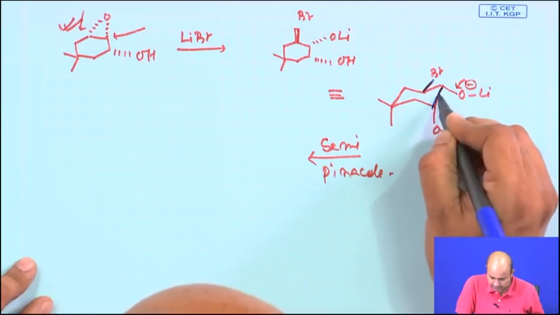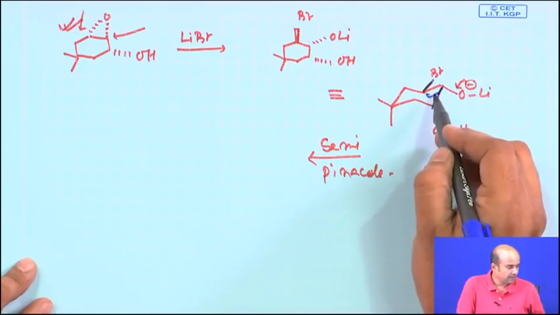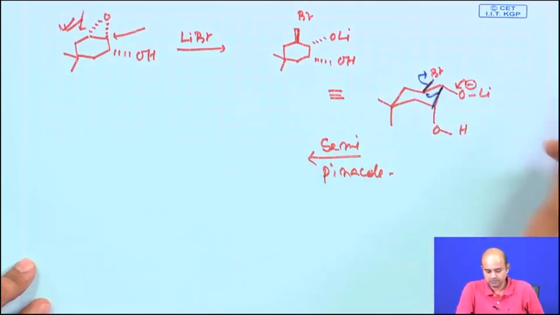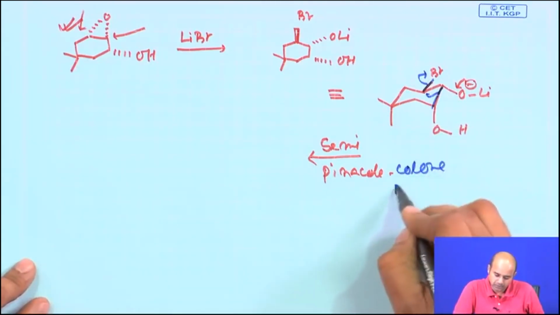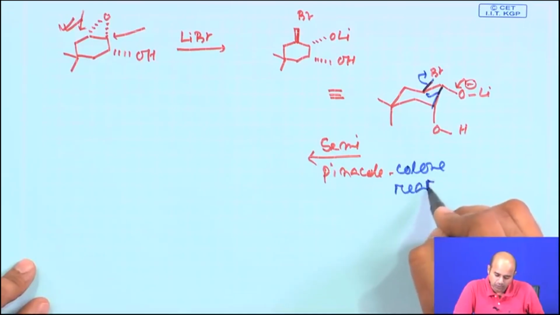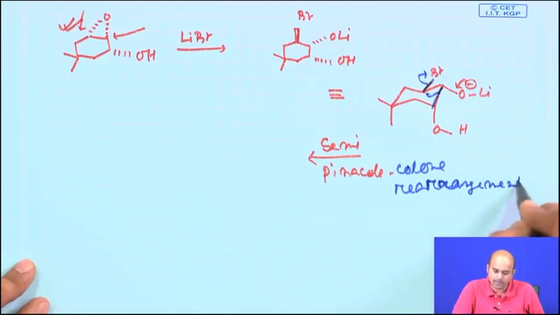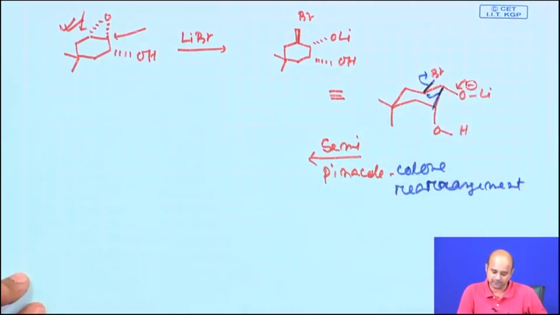So, this entire bond will migrate, means that the 6 member ring has been contracted and then bromine will knock down. So, it is a semi-pinacol pinacolone rearrangement that takes place. Why is it called semi-pinacol pinacolone rearrangement? Because in the original pinacol pinacolone rearrangement you have an OH and OH, here we have an OH and Br.